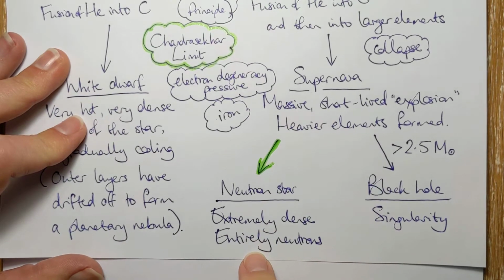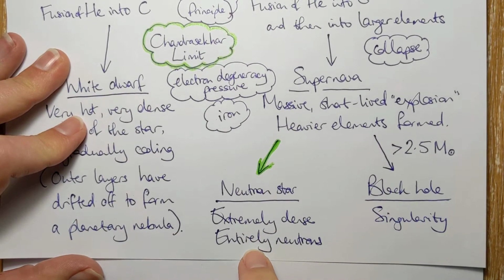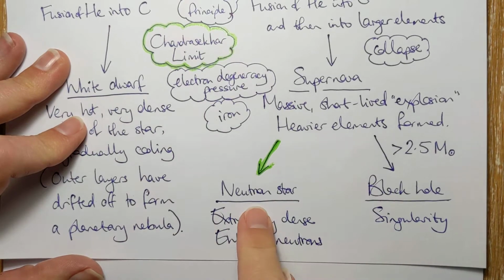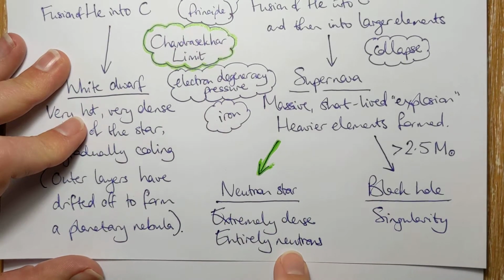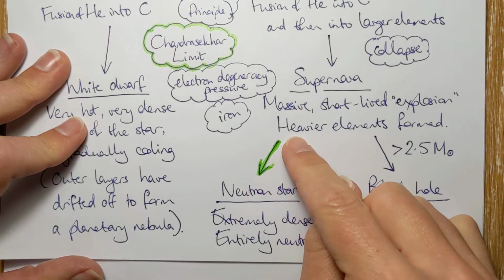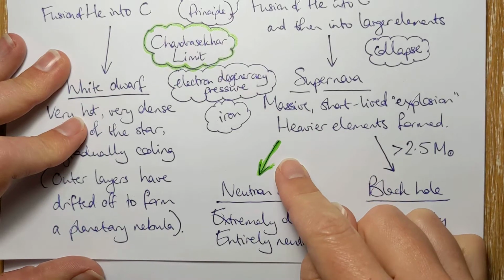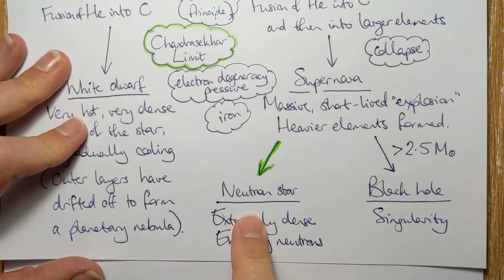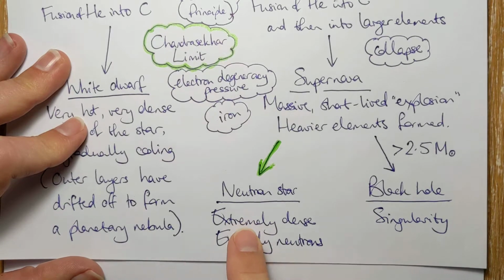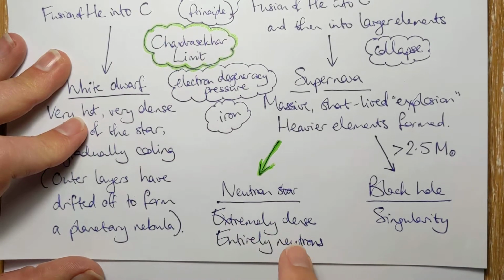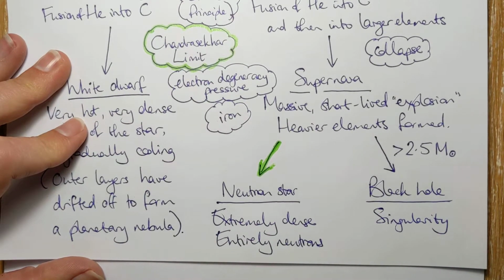A better way to say that is it forces them to interact. It's the process of electron capture. And that makes neutrons. So that's why neutron stars are composed entirely of neutrons, because the huge pressure in one was enough to force all the electrons into the protons and turn them into neutrons.